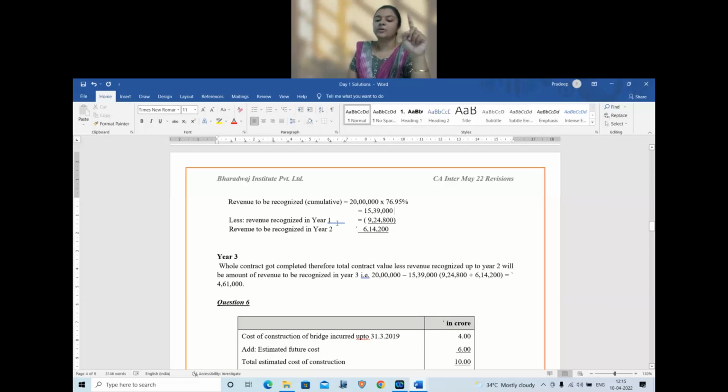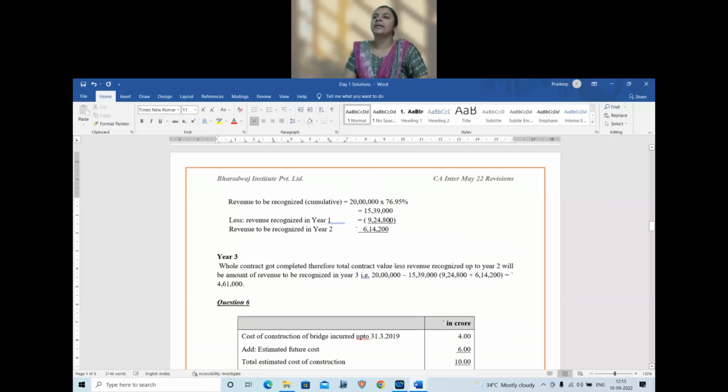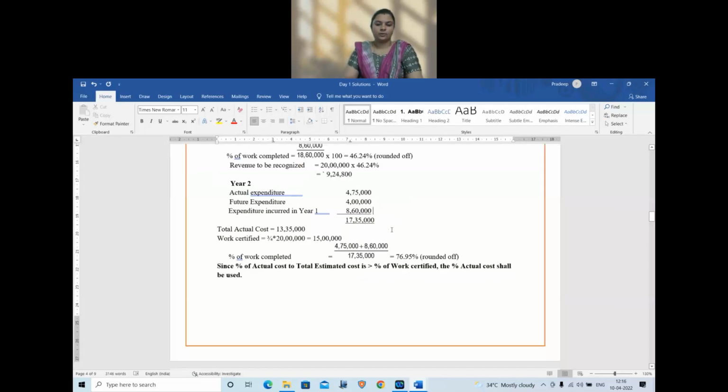What is the revenue recognized already in year 1? We have already recognized 9,24,800. Therefore, the incremental portion alone will come for year 2, which is 6,14,200. Take down in a manner that you will understand along with the relevant hints.